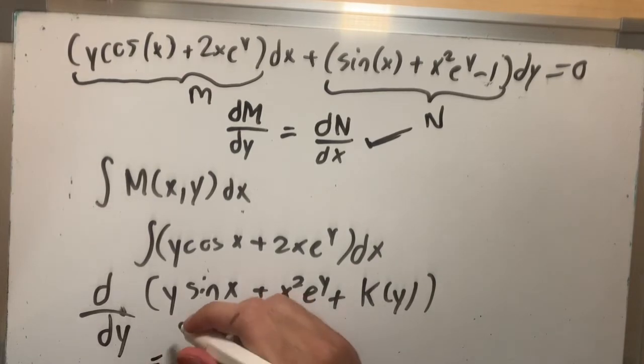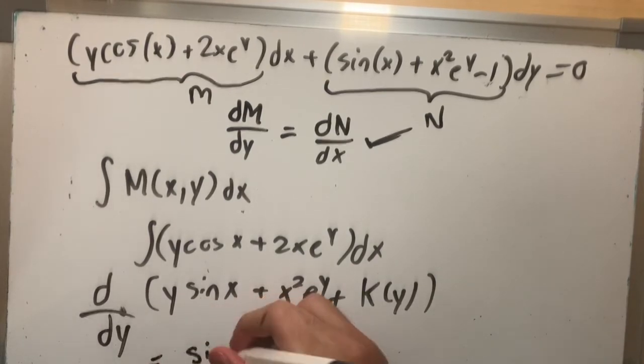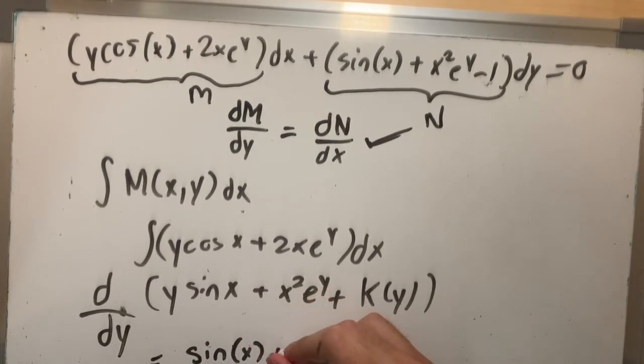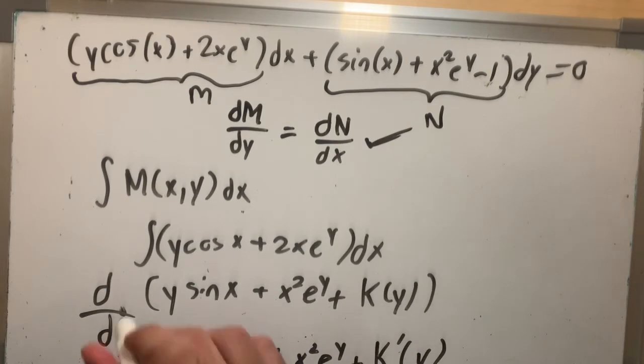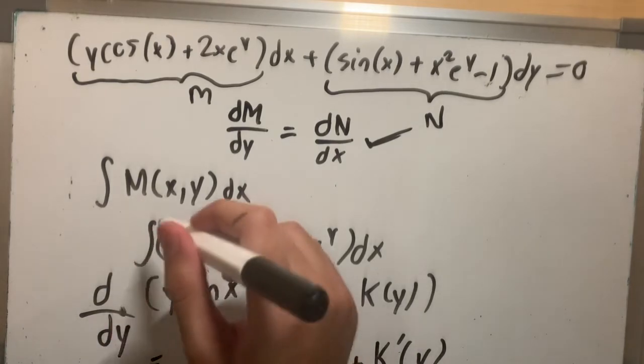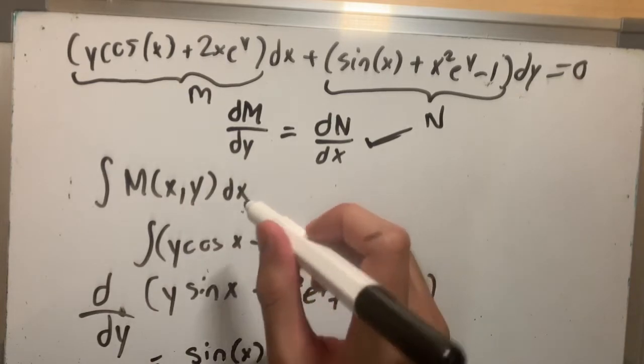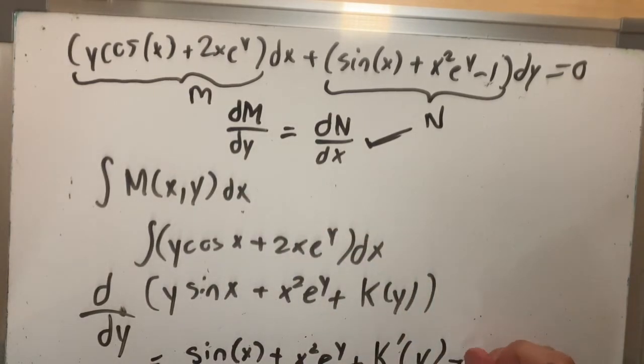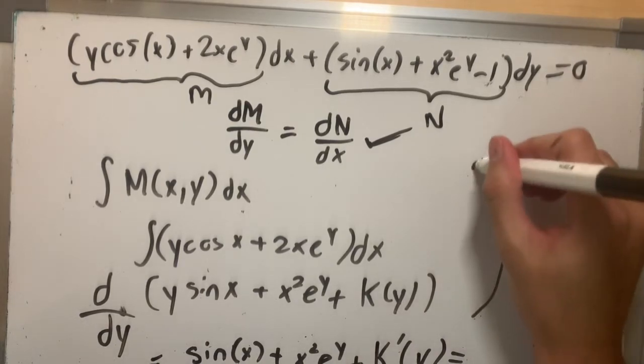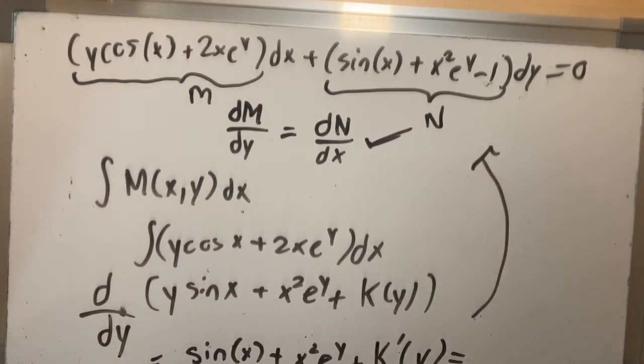The derivative will be equal to sin x plus x squared e^y plus k dash of y, because it's a function now. We're finding a derivative. If it was a constant, it would have gone away. Now this, the derivative with respect to y of the integral of M, we equate this to N right here, and we solve for k dash of y.